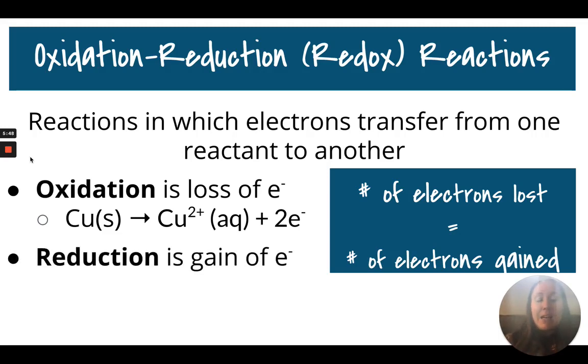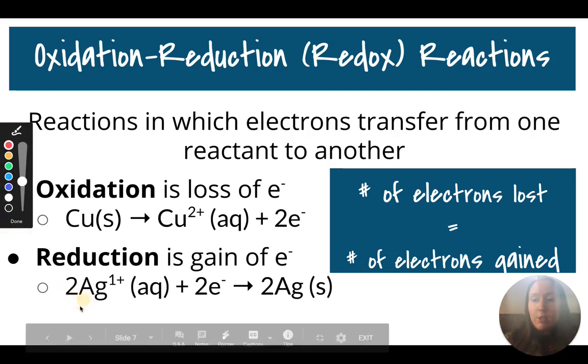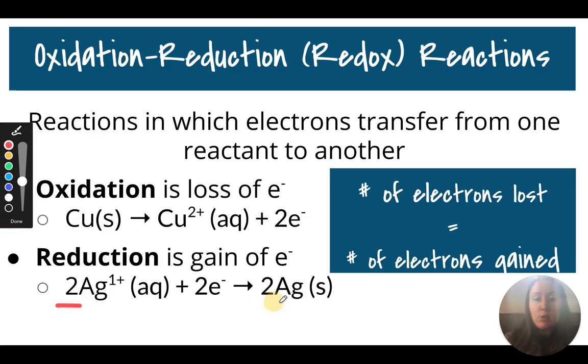Reduction is gain of electrons. In this reaction, we say that silver gained electrons. One thing I'll point out is in the net ionic equation, we had 2 silvers and 2 silver solids. Each silver gained 1 electron, but in total they gained 2. So the electrons that were lost by copper were then gained by the silver in this reaction.